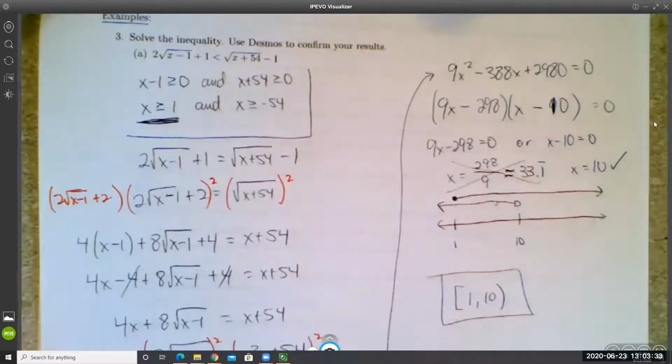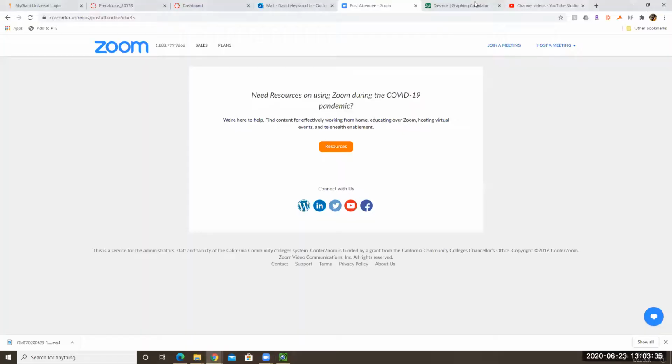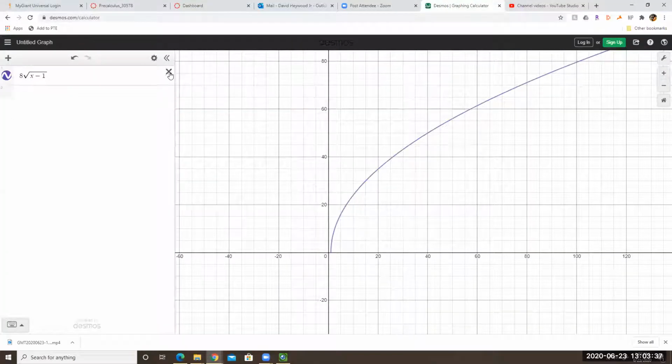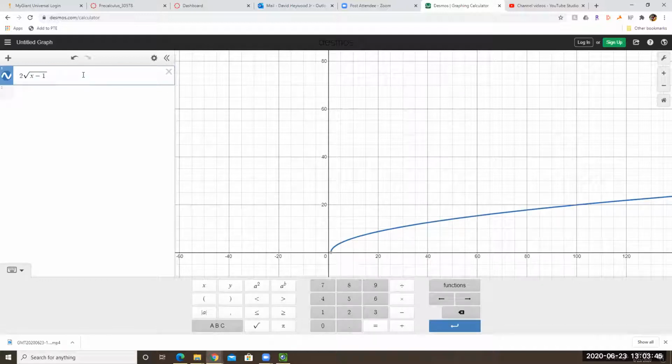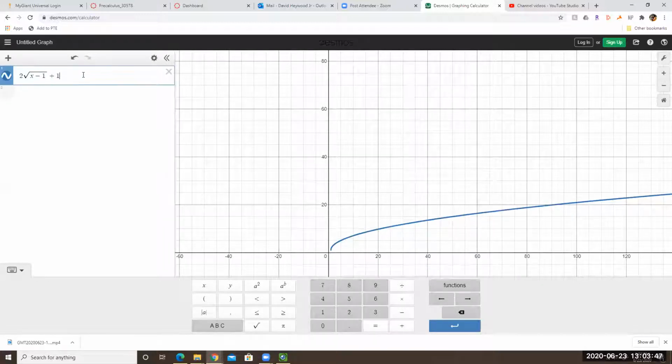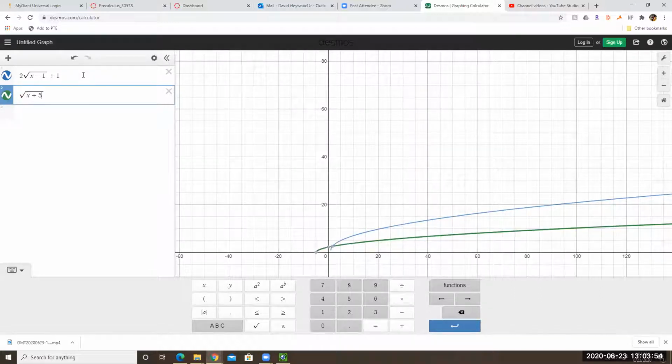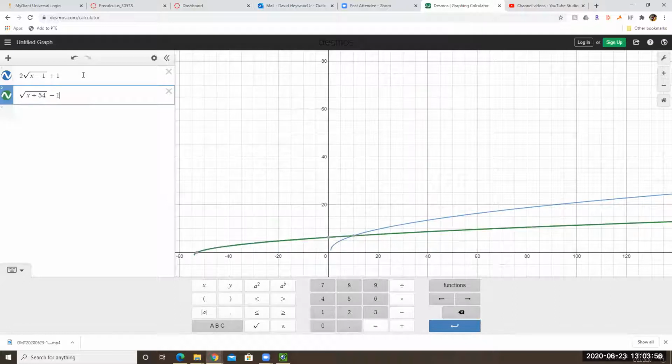Let's use Desmos to verify this. So we've got 2 square root of x minus 1, plus 1. And then we've got square root of x plus 54, minus 1.